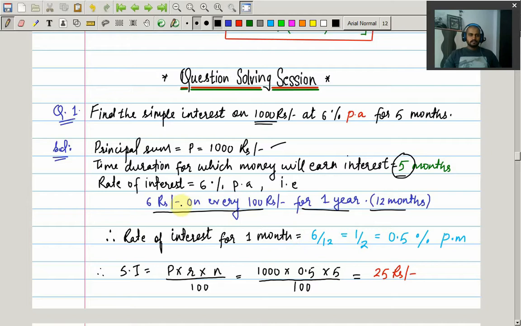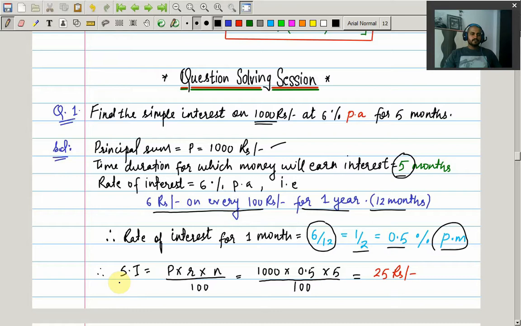It's given year wise, so we will convert it according to month wise. It's very easy to convert. 6 rupees for 1 year, so for 1 month it is 6 by 12, so that is half, 0.5% per month.